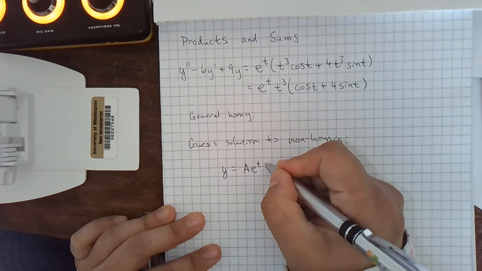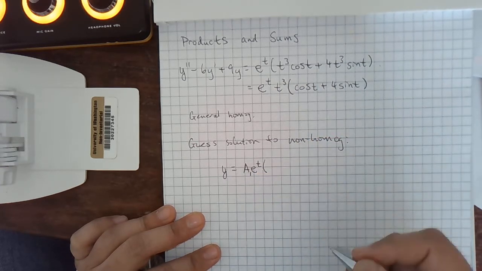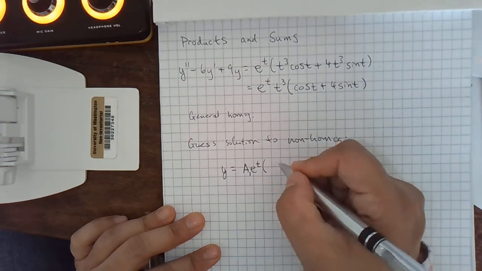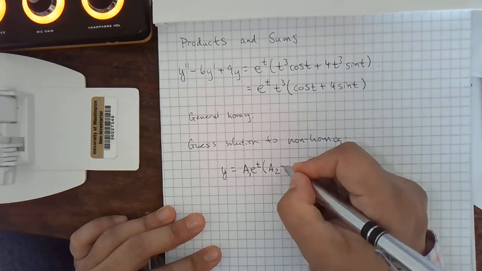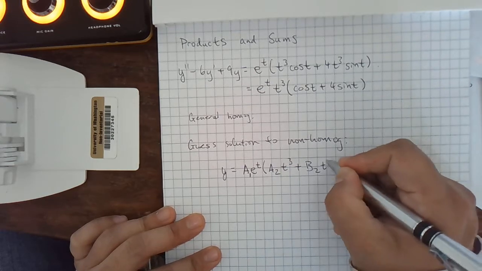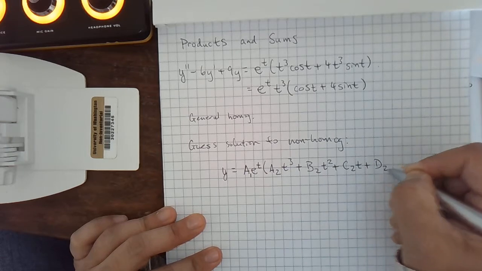And then let's call this a1. We're going to replace them in a minute. T cubed, you need a polynomial. Let's call this a2, and it's a degree 3 polynomial in general. So b2 t squared plus c2 t plus d2. You can use any letters you want here.